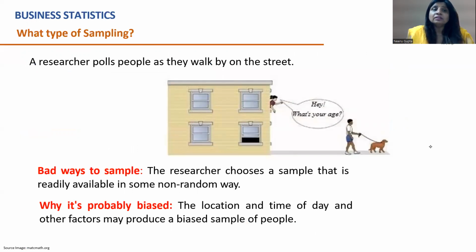Now, see this example. A researcher polls people as they walk by on the street. This is a bad way to sample. The researcher chooses a sample that is readily available in some non-random way. Why is it probably biased? The location, time of day and other factors may produce a biased sample of people.